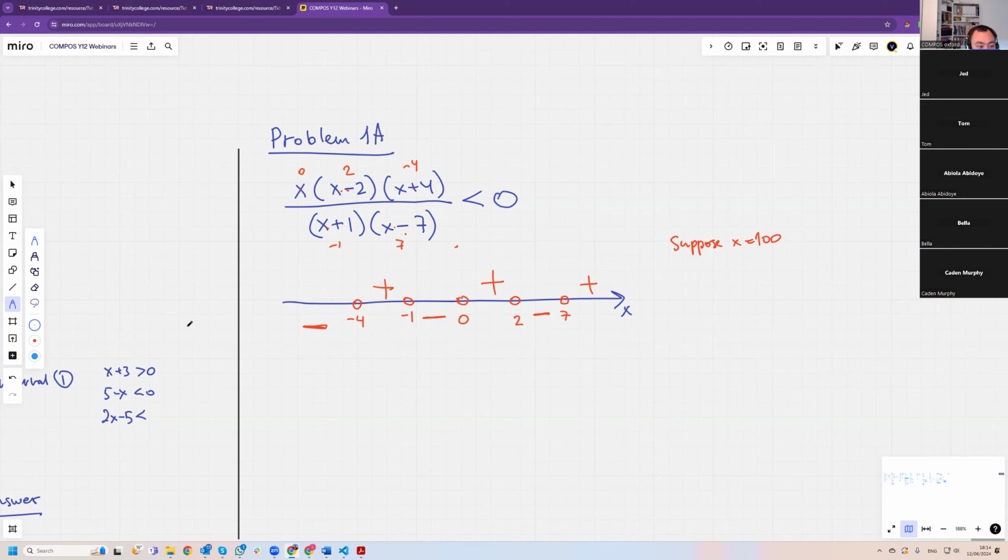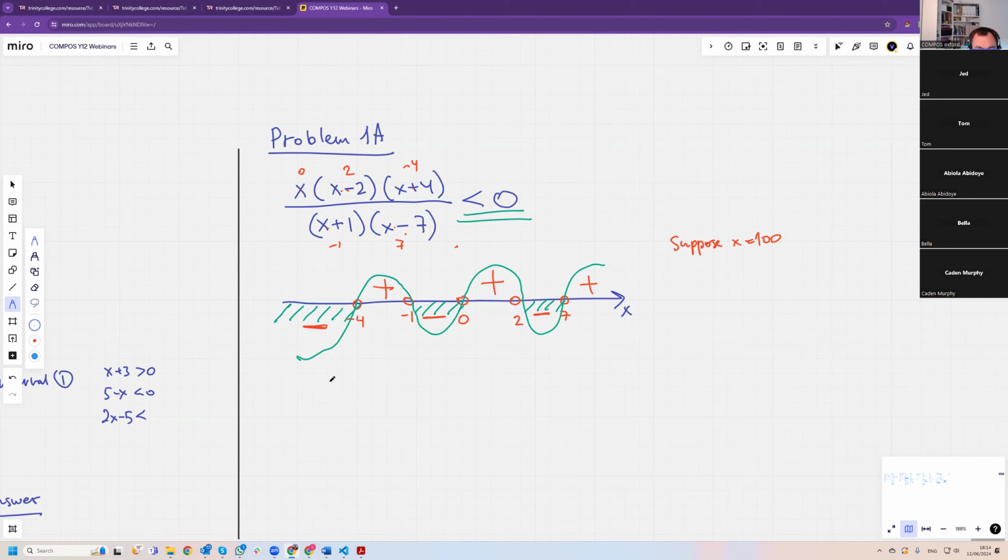So typically, that is what you see. The signs alternate, and then you just draw a squiggly line. And then shade the regions that are negative, so less than 0.